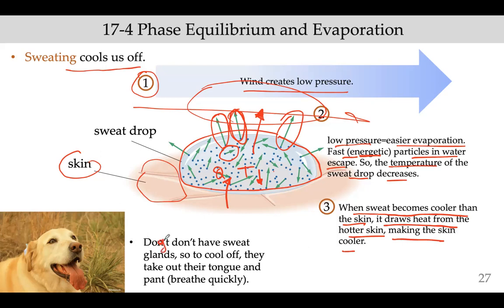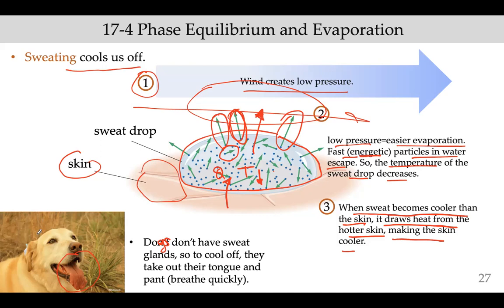So dogs. Dogs don't have sweat glands. So what they do to cool off, they take out their tongue. As you can see here, they take out their tongue and pant. Panting is basically breathing quickly. The reason that they do it is because they cannot sweat.